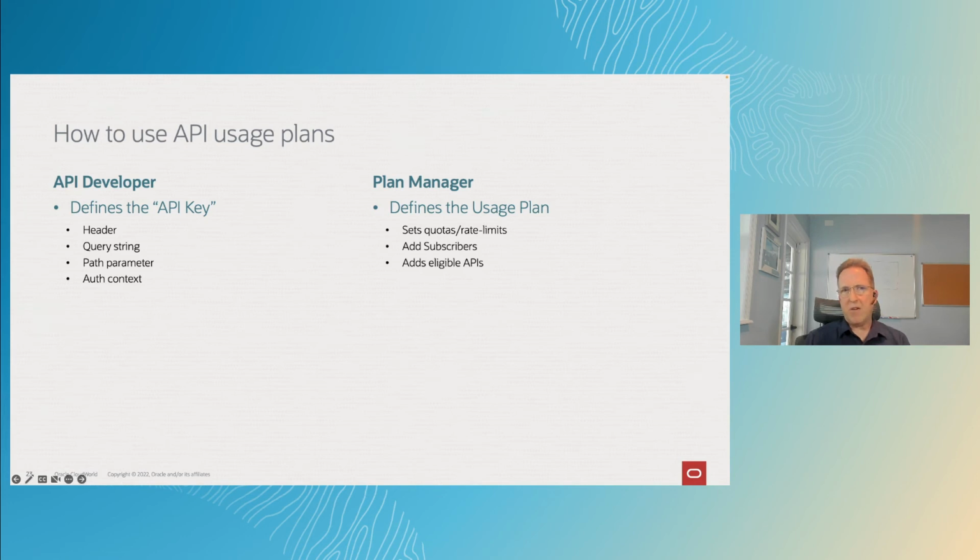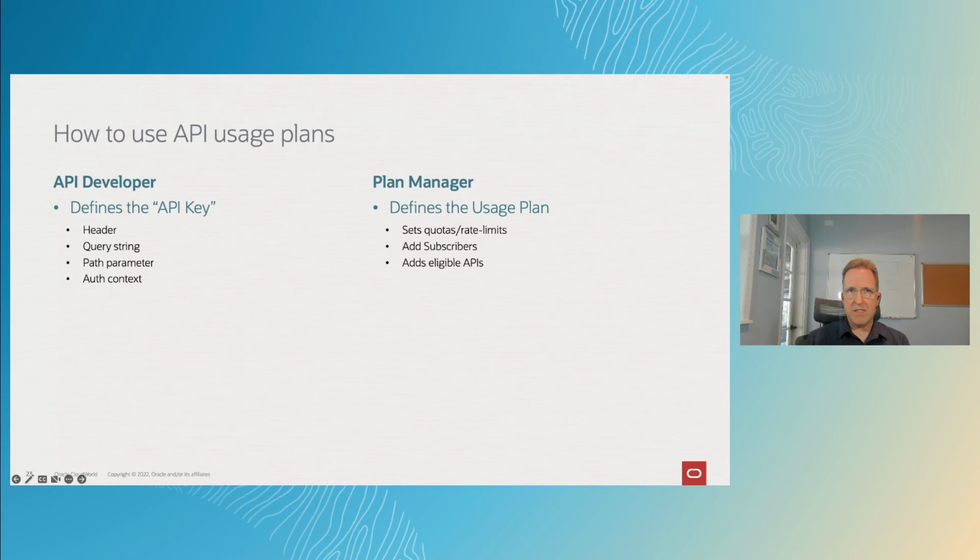The real power here, though, is if you have an existing portfolio of APIs and you want to be able to leverage usage plans because you want to track your consumer segments and understand how they're using their APIs. In the legacy systems, you oftentimes would have to go back to all of your clients and tell them that they now have to add a header or a query string to their request and start adding a subscriber ID.